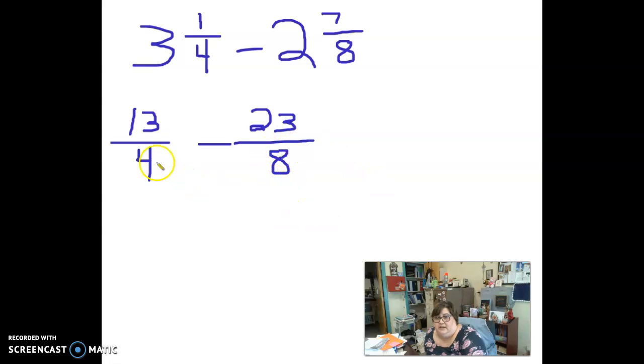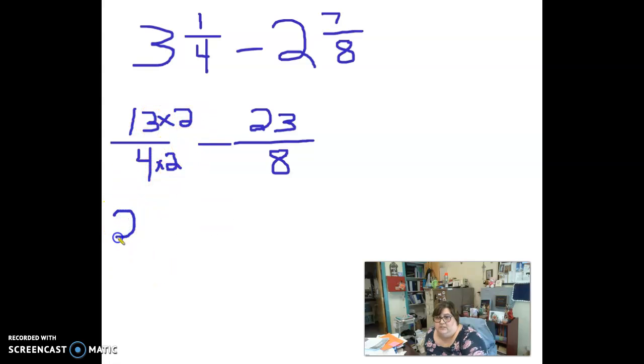8s. Okay, so we need to find a common denominator for the 4 and the 8. So because 4 goes into 8, we can keep our 8 the same. So 4 goes into 8 2 times. So we have to multiply by 2 on our numerator and our denominator.